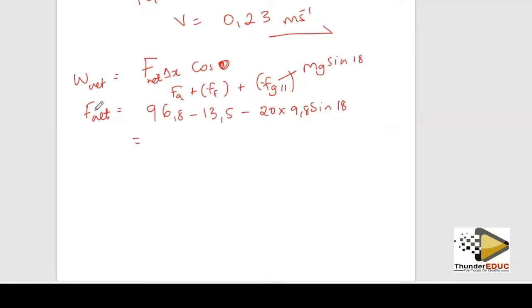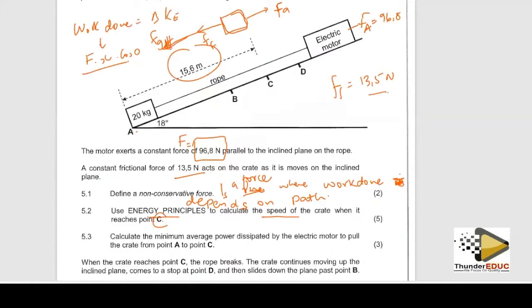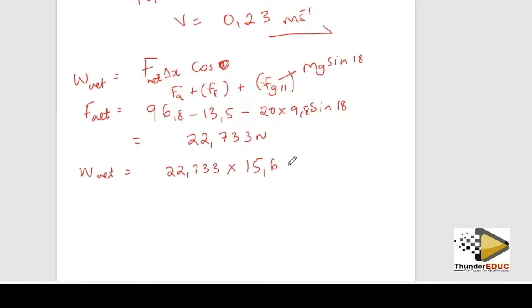When I punch this into my calculator, 733 times my delta x. Remember, delta x is the displacement, which is 15.6. And then I'll say the cos of 0, since it's acting in the direction of motion. So I'll multiply this times 15.6. That's going to give me 354.63 if I round it off.